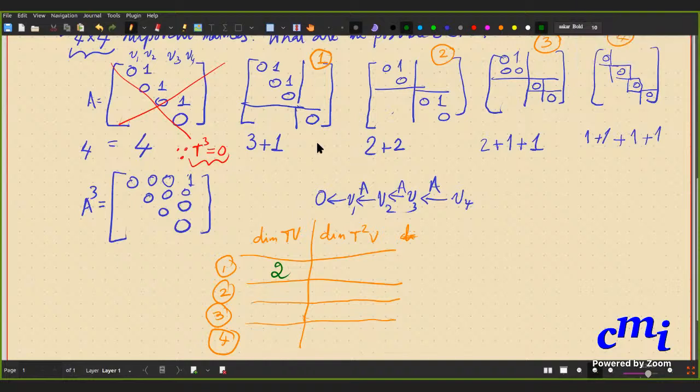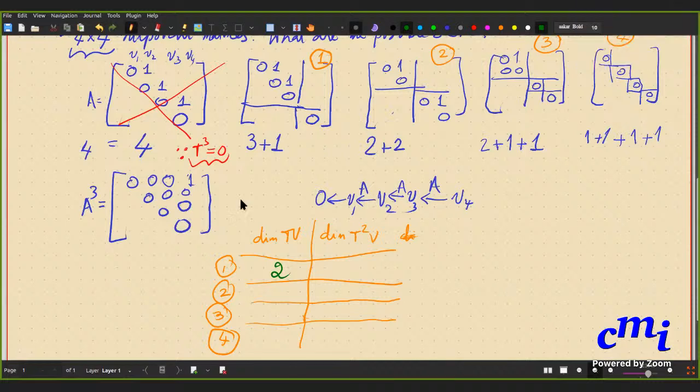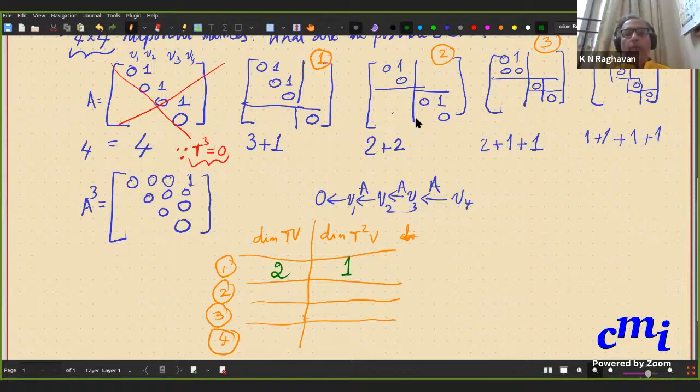So what is the dimension of T squared? If I look at this basis and apply T squared, 3 of them are becoming 0. V1, V2, and V4 become 0. V3 is the only non-zero, going to V1. So the dimension of T squared is 1. That's one possibility. How about here?